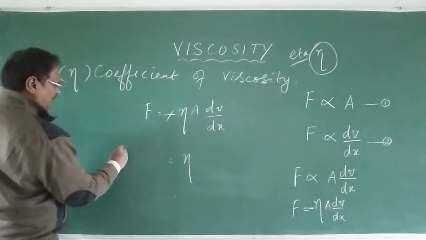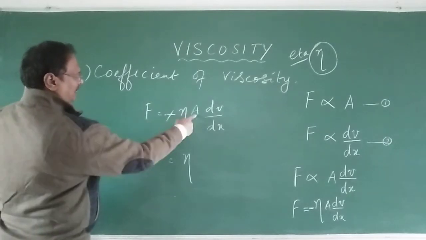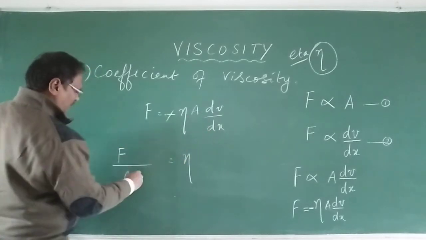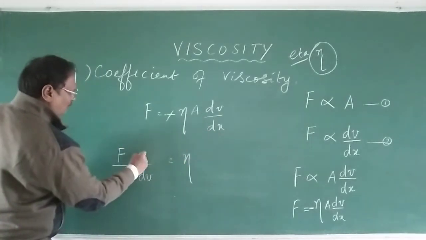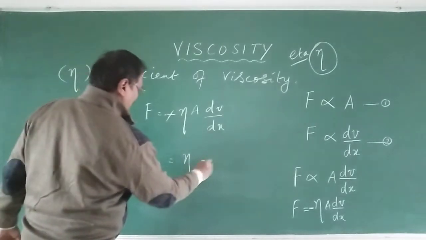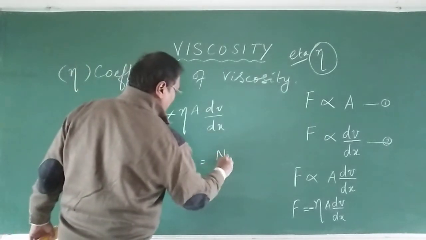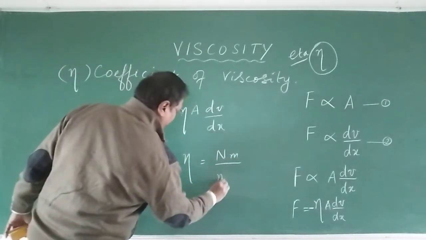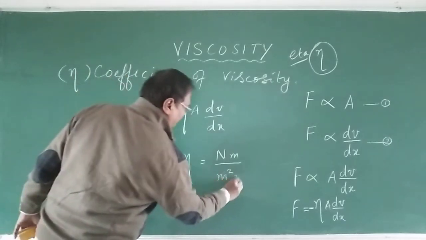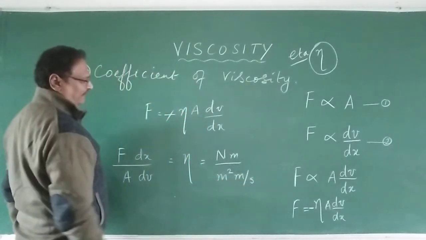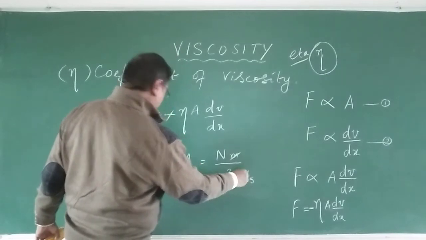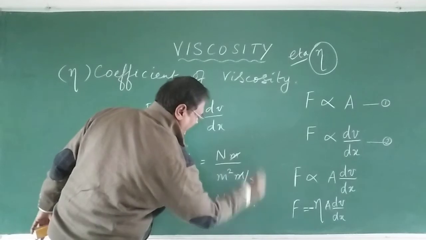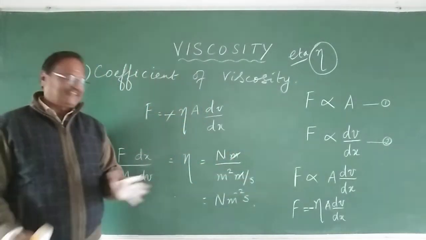Eta is equal to F, divided by A, and dv by dx goes up as dx by dv. So that is equal to, force is what? Newton, and the distance is what? Meter, divided by area, meter square, velocity, meter per second. Okay, so cancel meter, meter, and you get Newton, meter power minus 2, second, right? So this is the unit.